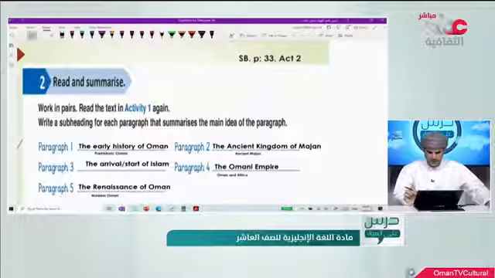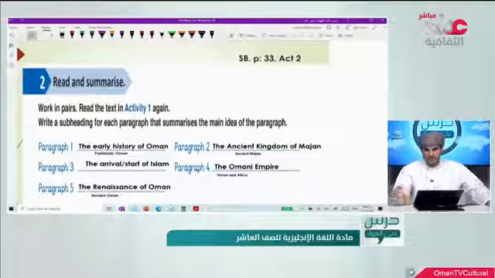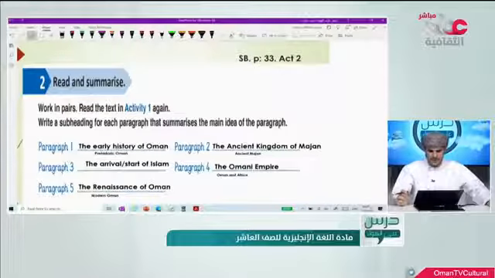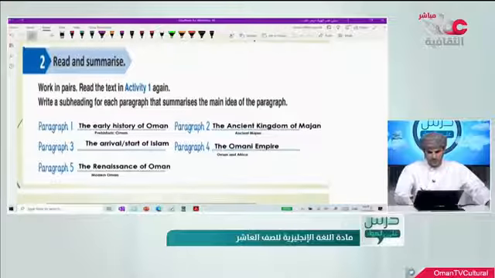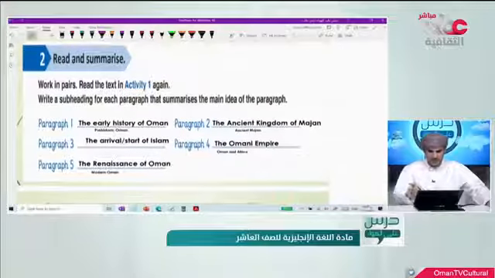Number 3, paragraph 3, the arrival of Islam or the start of Islam. Number 4, paragraph 4, the Omani Empire, or Oman and Africa. It should be Omani Empire better.